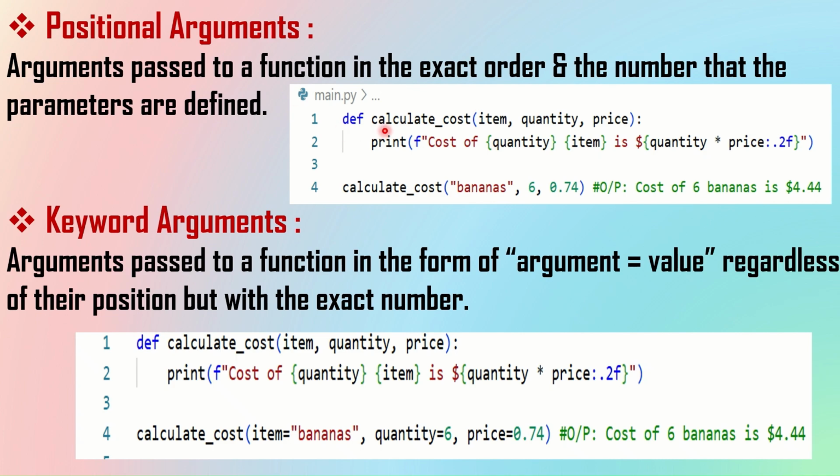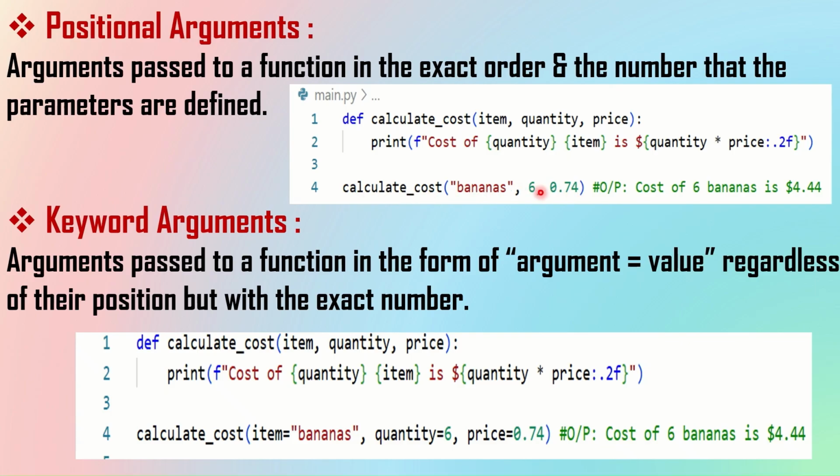Here, if you can see, I have defined one function named calculate_cost, in which I am passing three parameters within the parenthesis: item, quantity, and price. Within this function, I calculate the cost of the item by multiplying the quantity with the price. Once the function is defined, I call the function by name, passing the values.